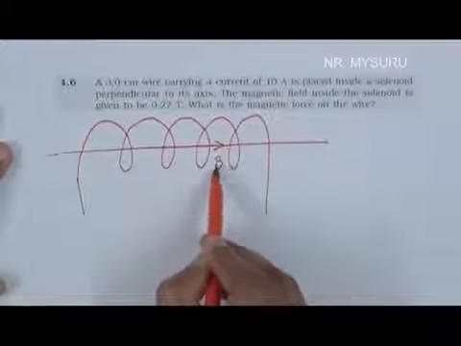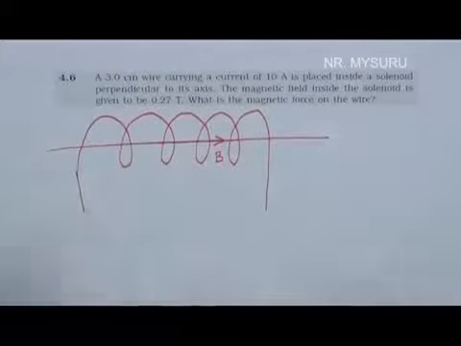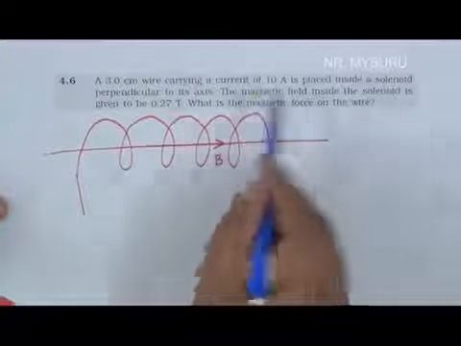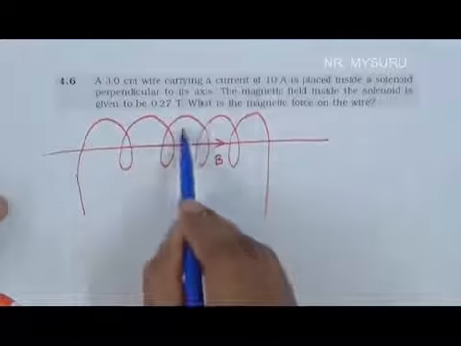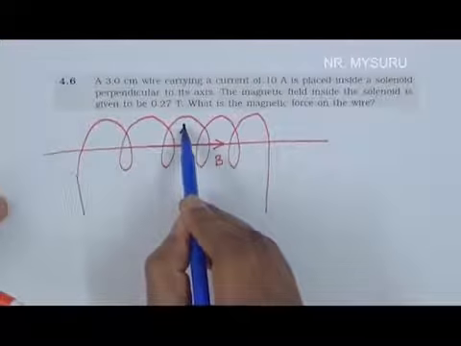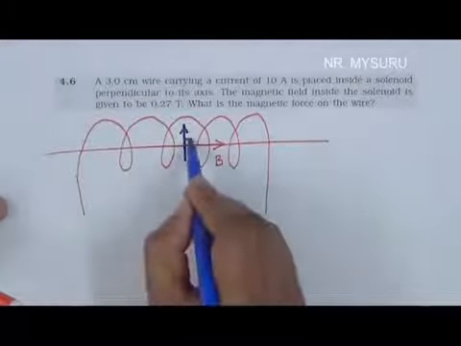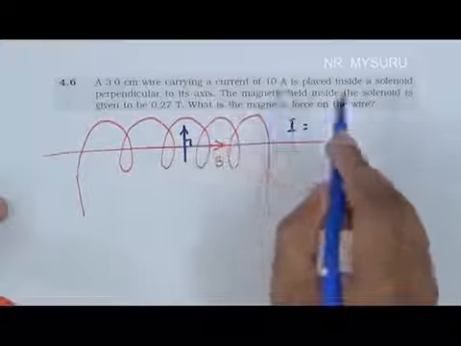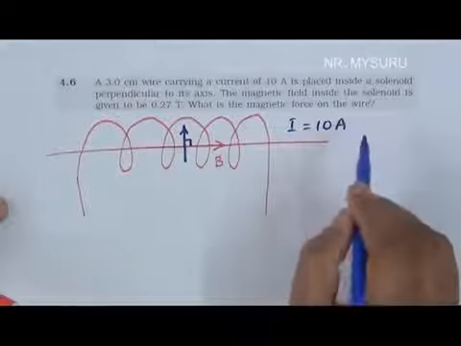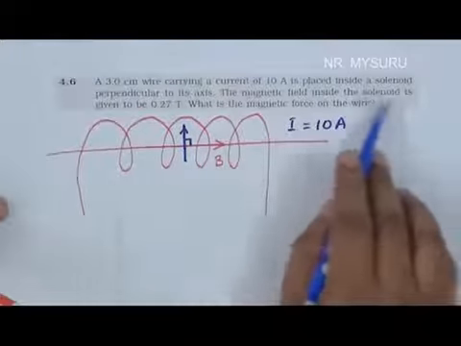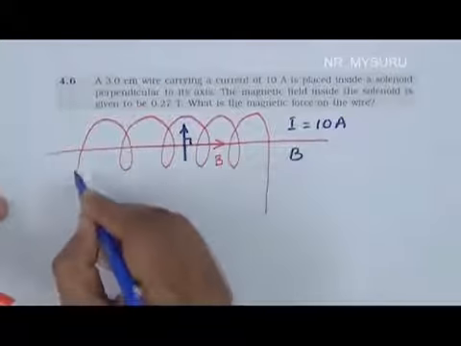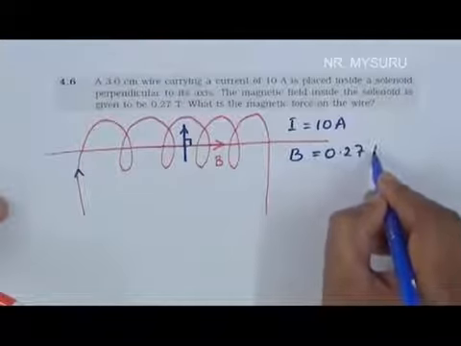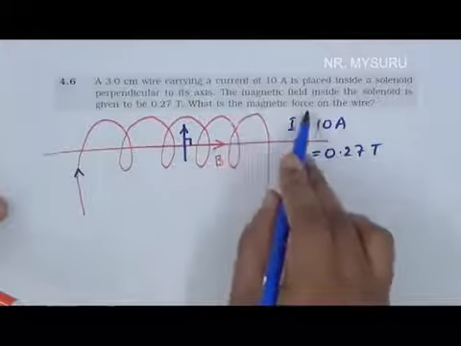So this is the direction of B. So this is a 3 centimeter wire, direction of current. This angle is 90 degree given. Current through the conductor is 10 ampere. The magnetic field due to current through the solenoid is 0.27 Tesla. What is the magnetic force on the wire?